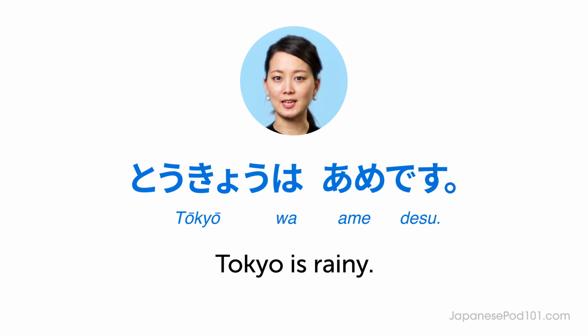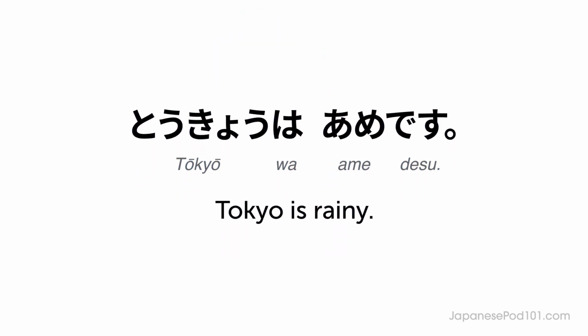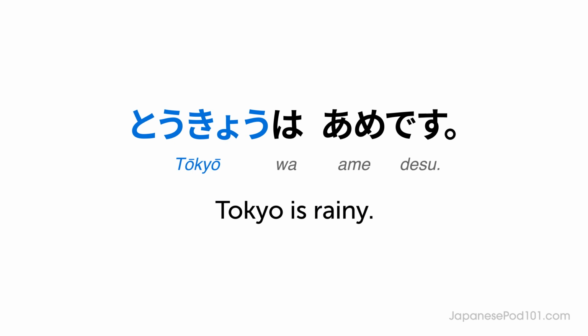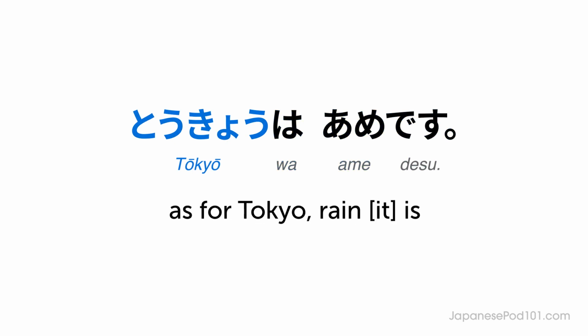Tokyo は雨です。 Tokyo is rainy. 東京は雨です。 Literally means, as for Tokyo, rain it is. But it translates as, Tokyo is rainy. The phrase 東京は, as for Tokyo, establishes Tokyo as the topic of the weather commentary that follows it.